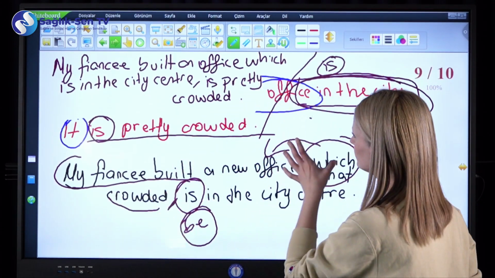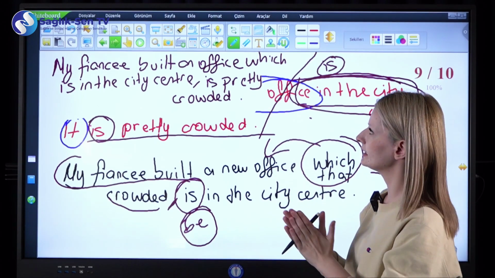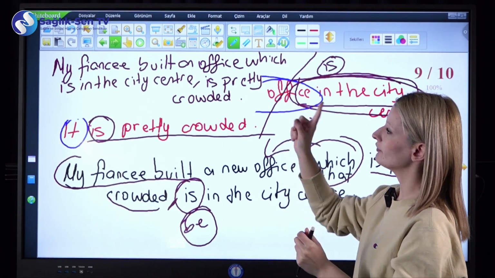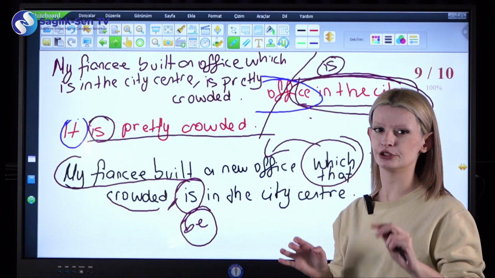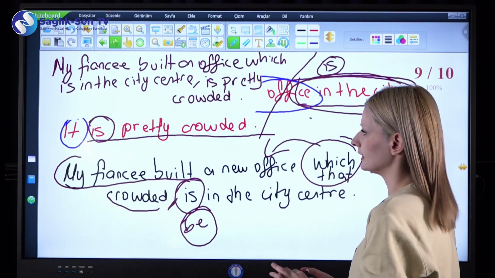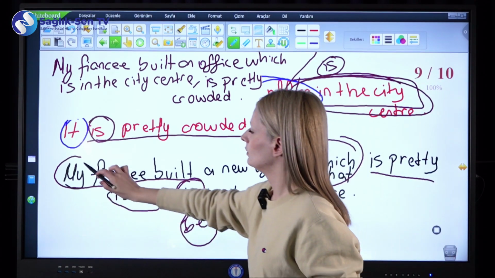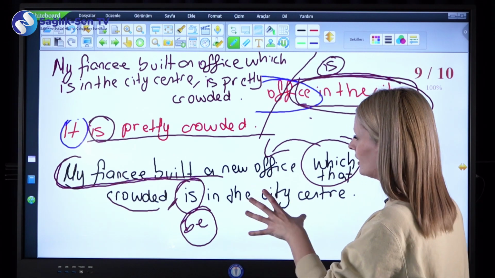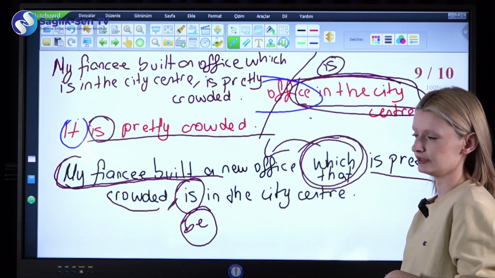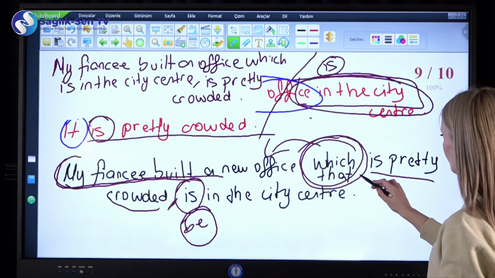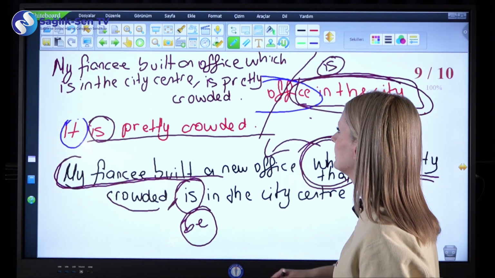My fiancé built an office. It is in the city center. Sorry, my fiancé built an office in the city center. It is pretty crowded was our original sentence, two sentences. So we started with my fiancé built a new office and then relative pronoun, which or that, is pretty crowded, is in the city center.